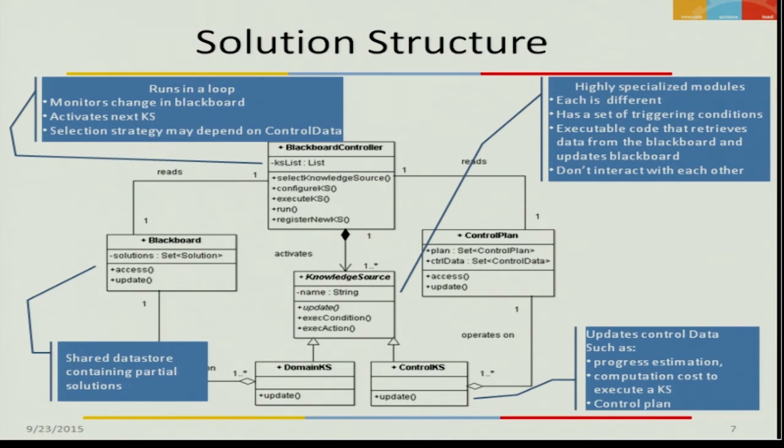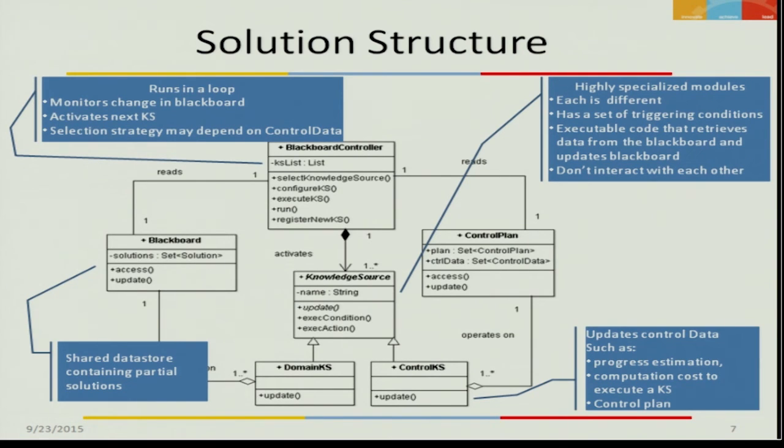The control knowledge source, as I said earlier, encapsulates the control plan and it updates the control data, such as estimating the progress, and it can compute the cost to decide which knowledge source to be fired. By cost, it means: if a particular knowledge source is executed, is it worth executing it?